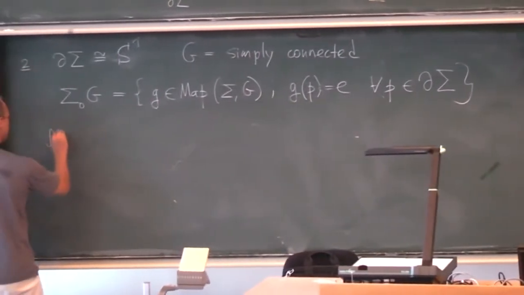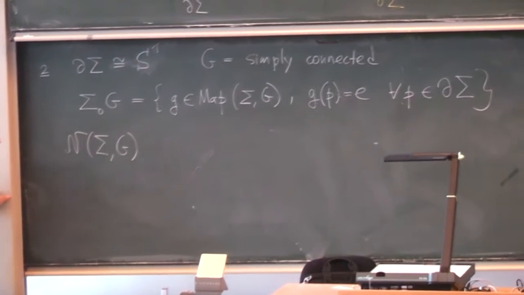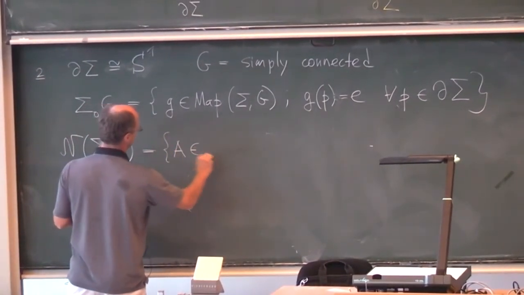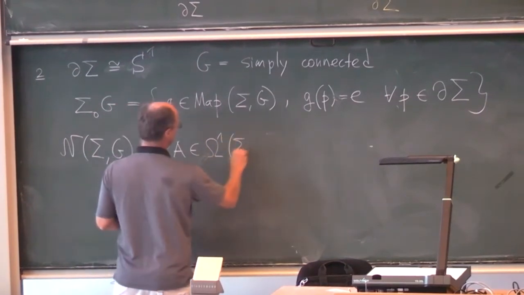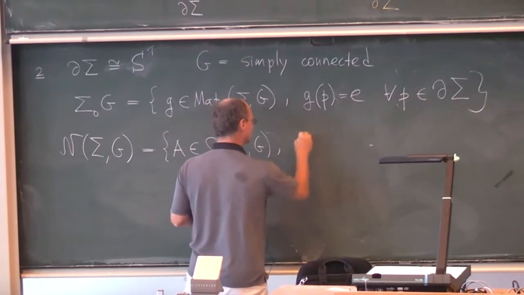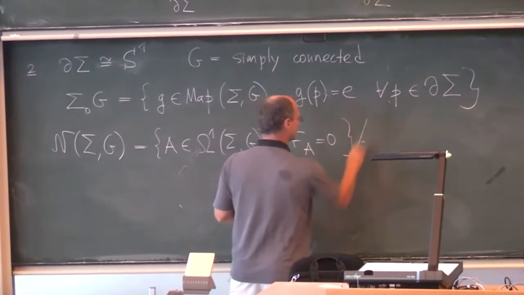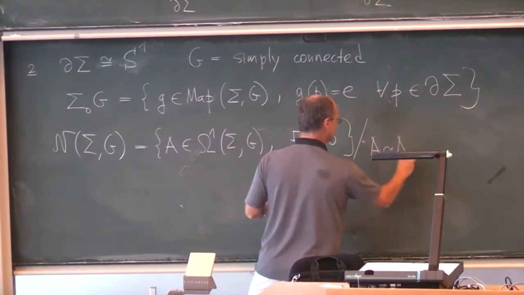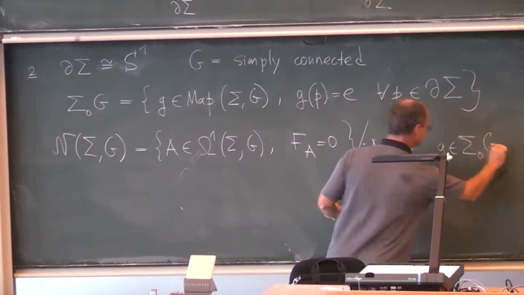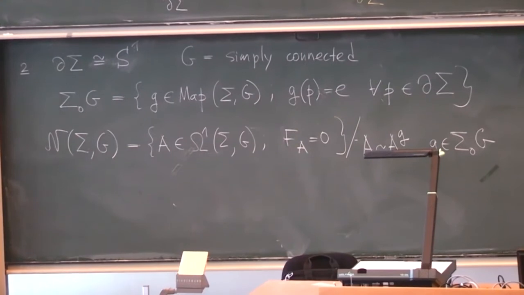So this would give us a space, let me call it N of sigma, G, and so this will be connections with the curvature equals 0 modulo gauge transformations which are equal to identity on the boundary.